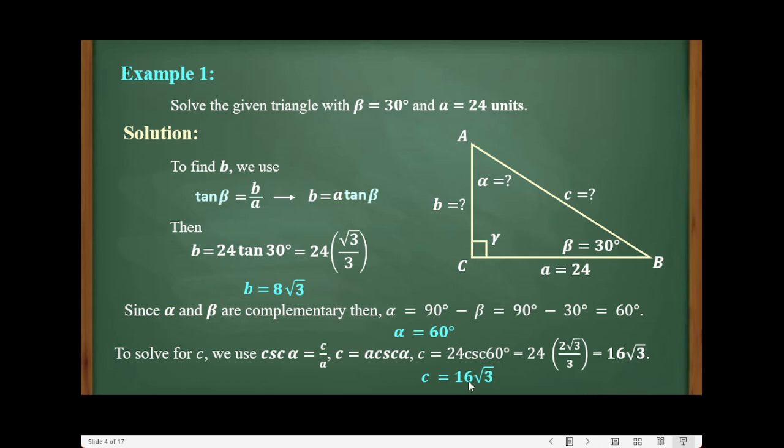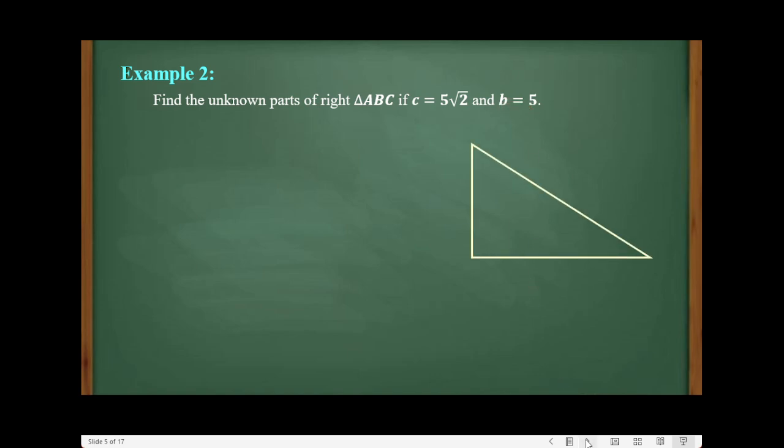Next. Example number 2. Find the unknown parts of right triangle ABC given the length of the hypotenuse, 5 square root of 2, and the length of one leg is 5. So this is the right triangle, labeled as triangle ABC, and let us label the known parts.